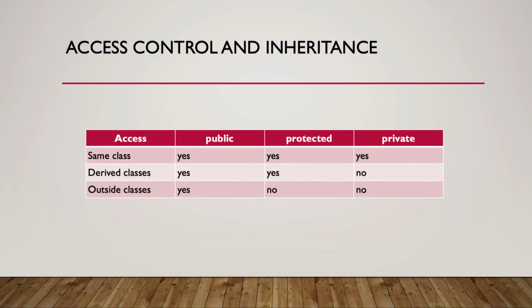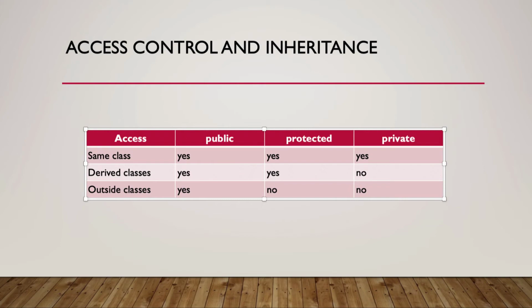Speaking of that, we can summarize the different access types according to who can access them in the following way. For the access specifier of public, the same class, derived classes, and outside classes can have access to it. So if you define something public, almost everybody has access to it. If you define it protected, the same class has access to it. The derived classes also have access to it.